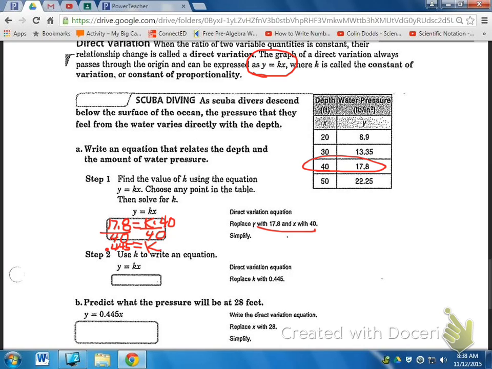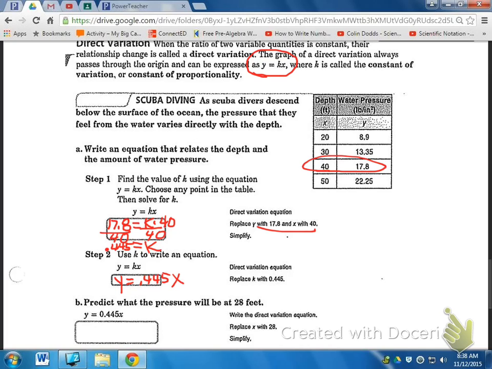So what that is telling me is my constant of variation, how these two things are related, the water pressure and the depth that the scuba diver is at, is related by that value. So y equals 0.445x.